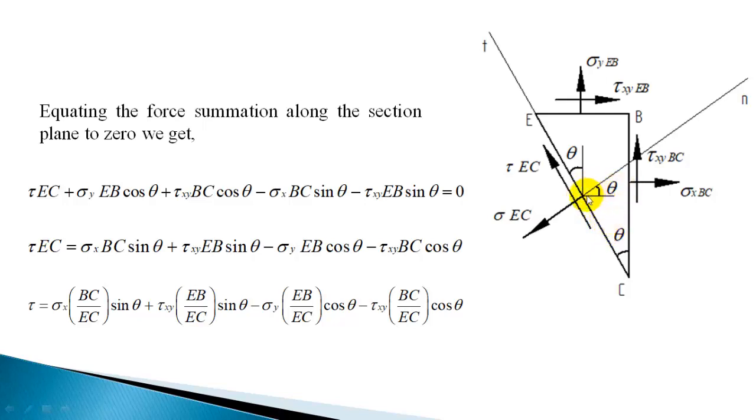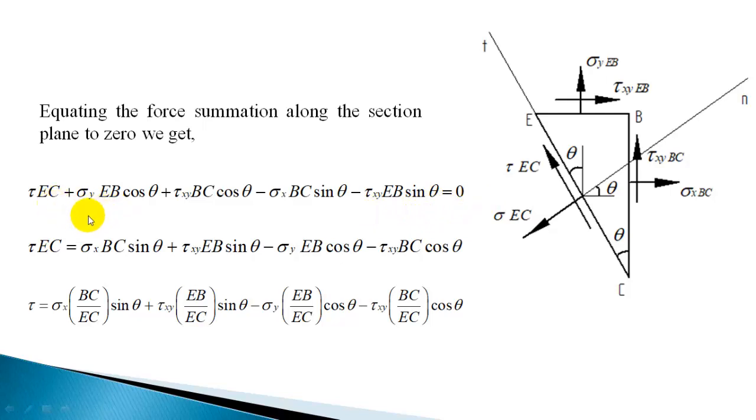So sigma x BC is acting rightward, its component along the plane comes downward: sigma x BC into sin theta, but negative. Similarly, this tangential component will also come downward, so minus tau xy EB, again with component sin theta. So this summation is equal to 0.